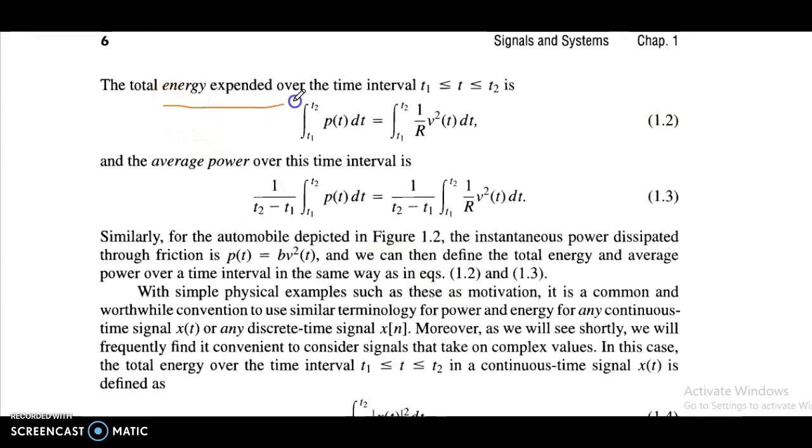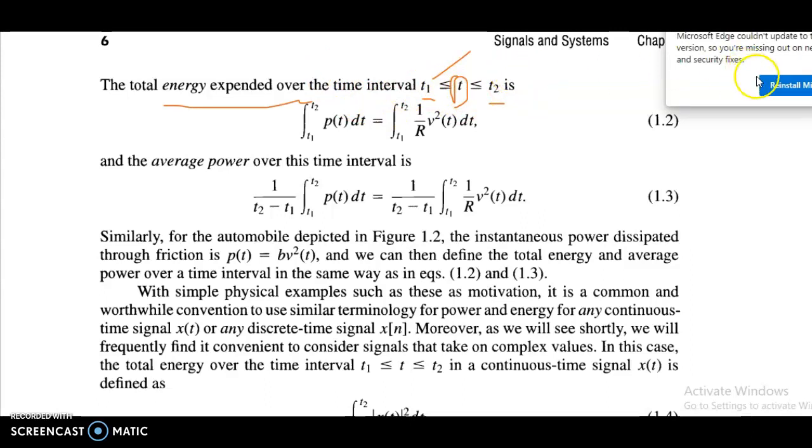Total energy expended over the time interval t1 to t2, where t is in the closed interval t1 less than or equal to t less than or equal to t2, is the integral over t1 to t2 of p of t dt, which equals the integral over t1 to t2 of 1 by R v squared of t dt.